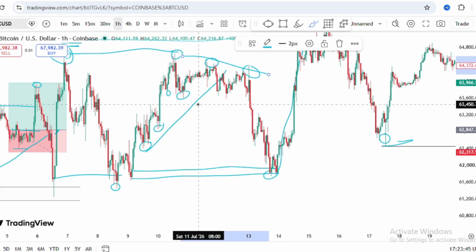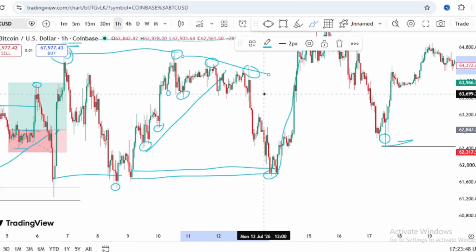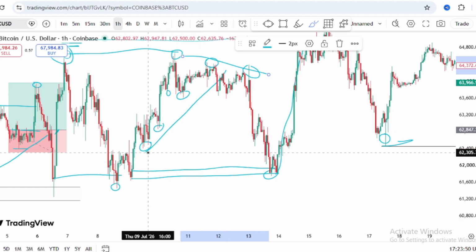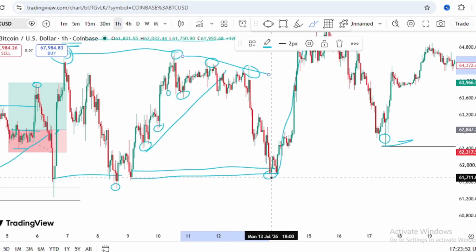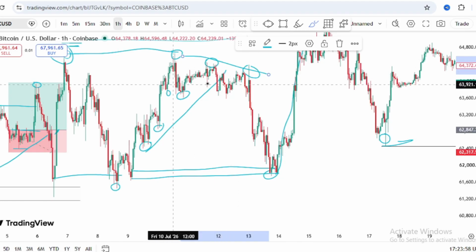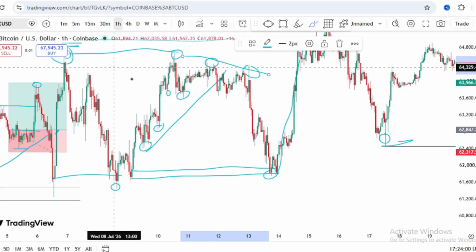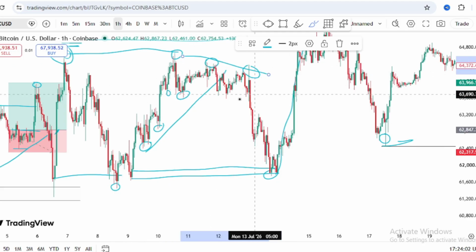These ones are sell side liquidity, which form this trend line. So you can see after taking out all this liquidity, markets reversed and continued the uptrend. So you don't just mark any place and call it liquidity. This one is following market structure.